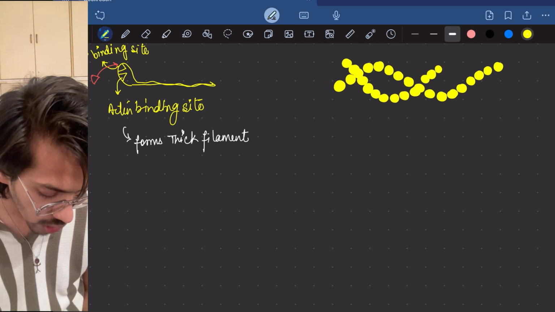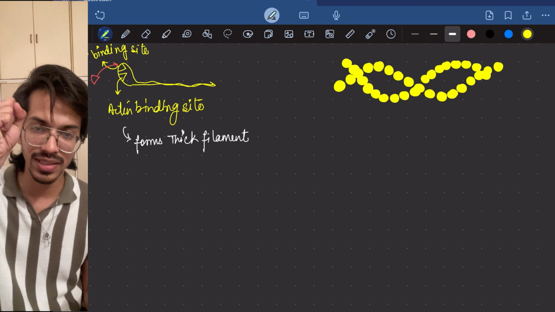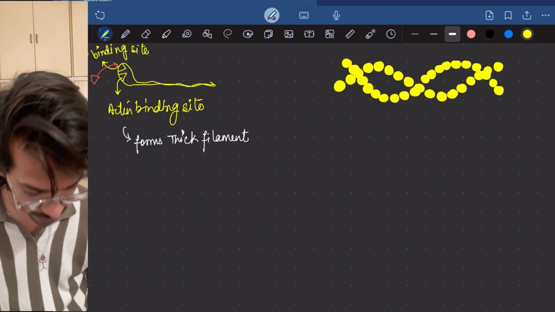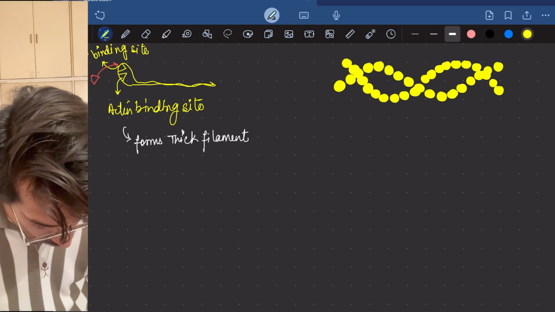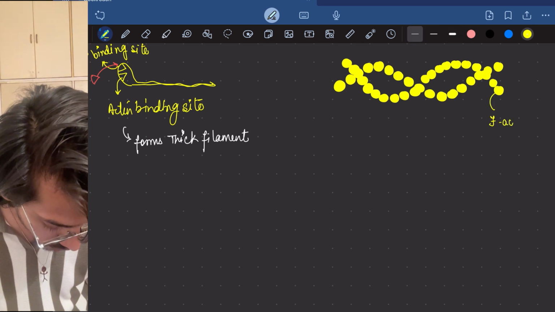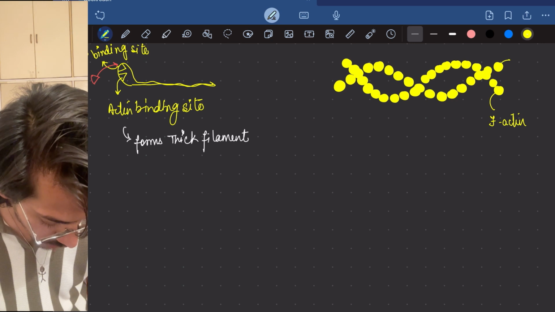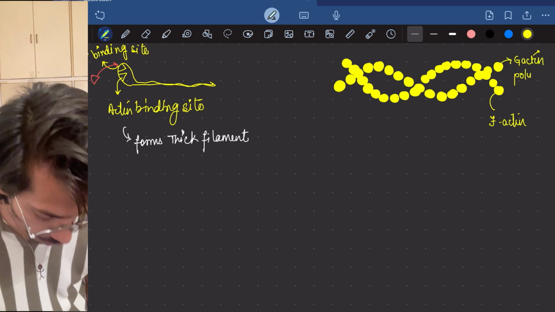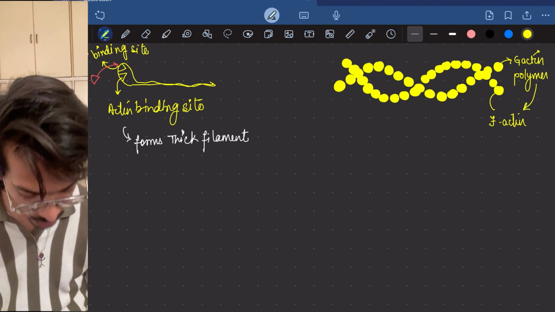Basically they are globular proteins, circular in appearance, but they stick together and form a bead-like structure. This is what forms F-actin. Individually they are called G-actin. G-actin polymerizes, meaning monomer units join together and form F-actin.